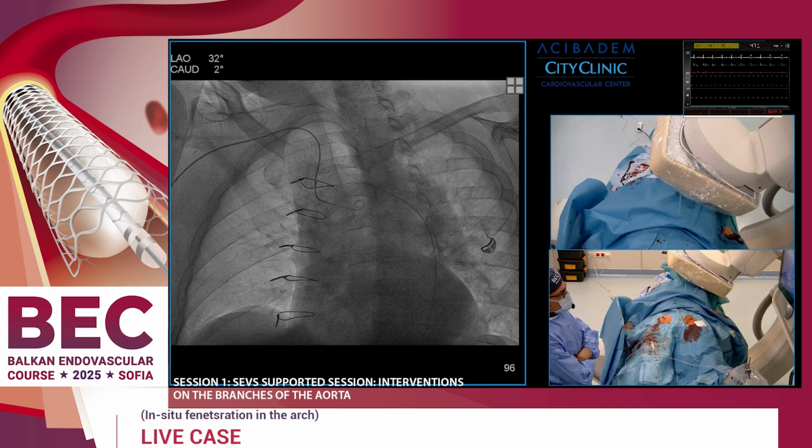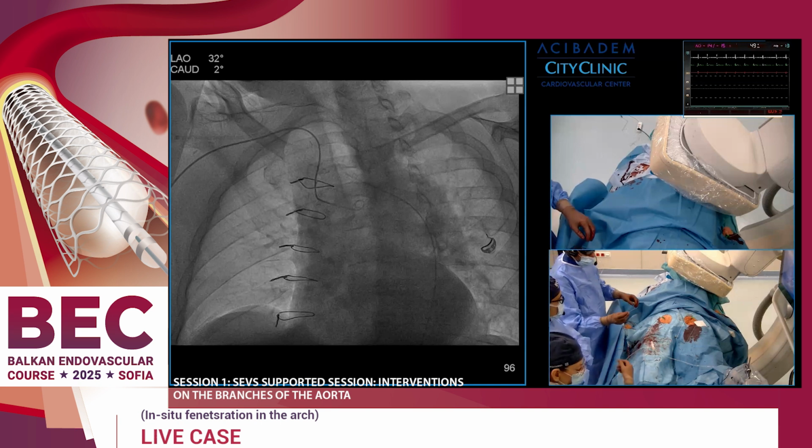In several minutes, you are going to take a look at the CTA pictures, and you are going to advise us what to do. In fact, we are aiming to implant a stent graft into the aortic arch with the landing zone into the surgical graft.